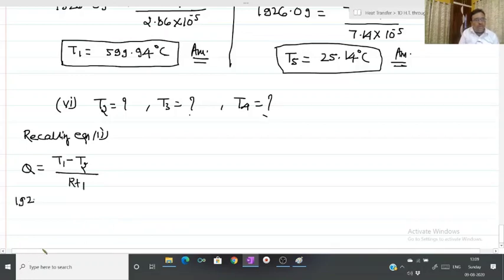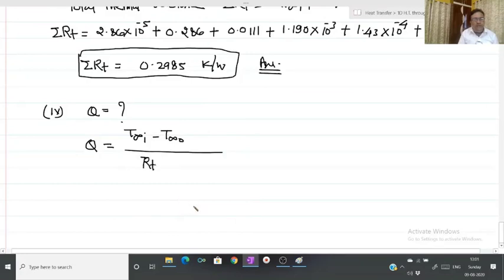Q is 1926.09. The value of T1 I could calculate as 599.94 minus T2, and the value of RT1 is 0.286.